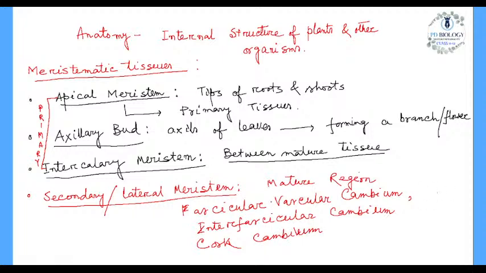Remember this one. So these are present in the mature region, and the examples are fascicular vascular cambium, interfascicular vascular cambium, and cork cambium. So these are the lateral meristem, present in the mature region.